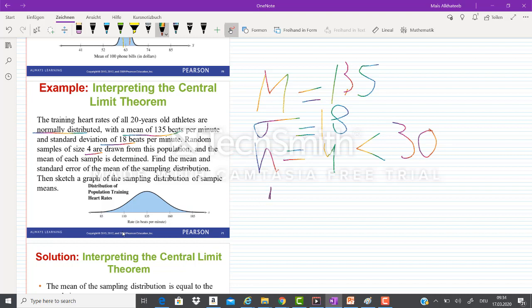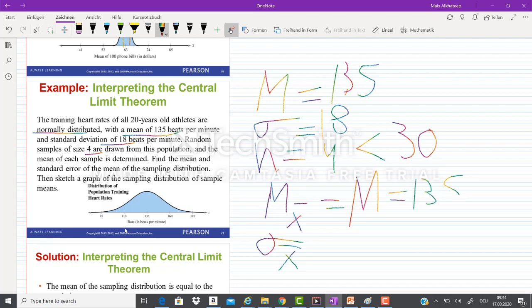I have to calculate mu x bar and sigma x bar, then I have to sketch this graph. Mu x bar is always equal to mu, so it will be 135, and sigma x bar will be sigma over the root of n, which is 18 over the root of 4.